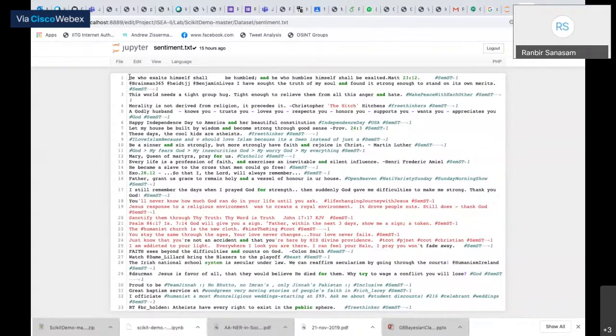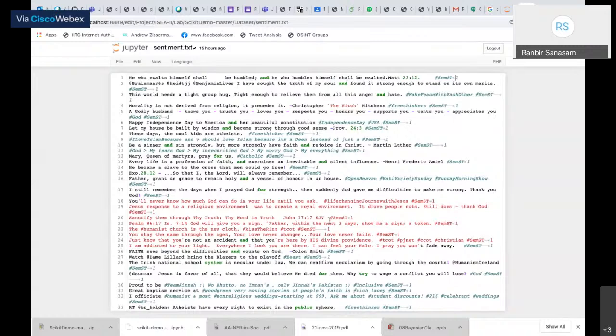Every line is a tweet, and the last character of the line says 1 or 0. The 1 says that this tweet has the positive class, so these top tweets having 1 1 1 all have the positive class.